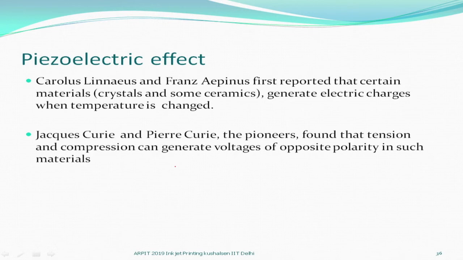Then Pierre Curie and Jacques Curie also were the ones who found that if you apply any compression, then some voltages could be generated. So, stress can generate voltage, or the reverse of it, apply voltage, the dimension of those crystals can change. This was an interesting observation.